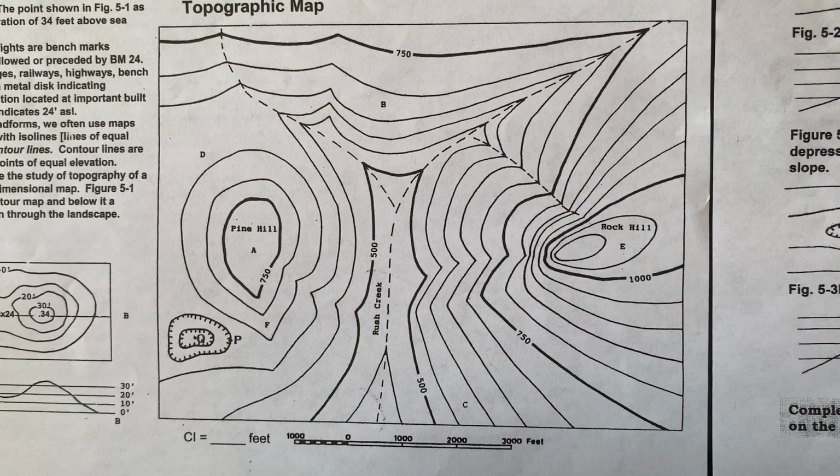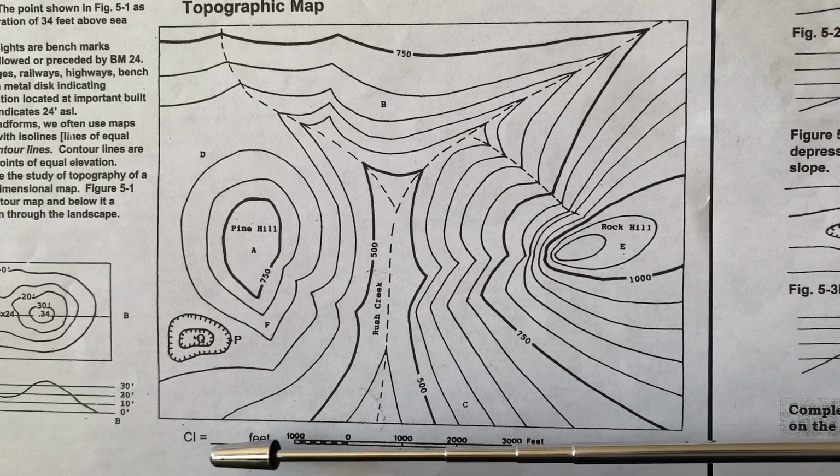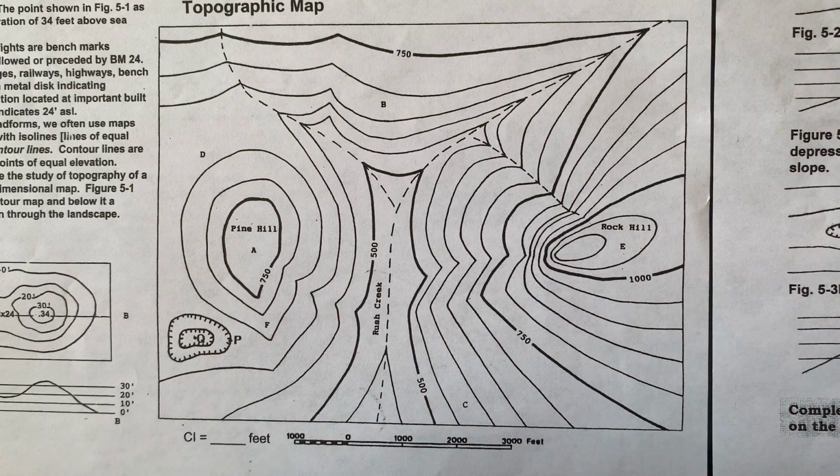The horizontal distance now. Most topographic maps have these graph scales, and we use them to measure the real distances. The distance here is shown in feet.